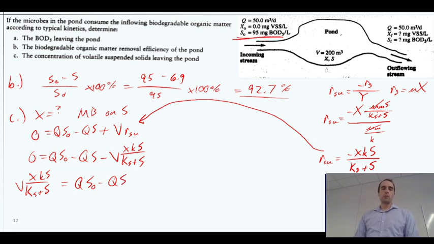Essentially from here, we're going to simplify and solve for X, right? So we'll multiply first by the Ks plus S. So we have VX k S equals, let's see how I did in my notes.